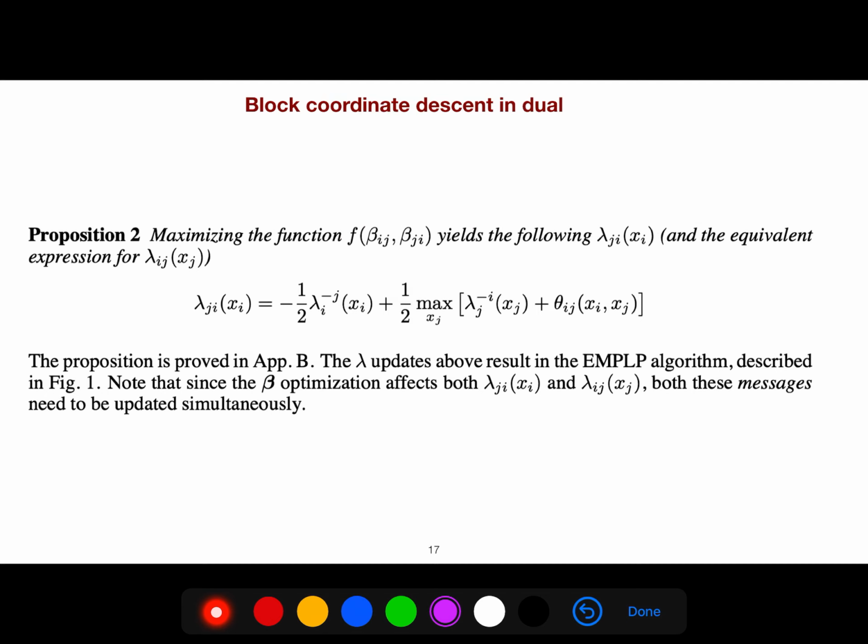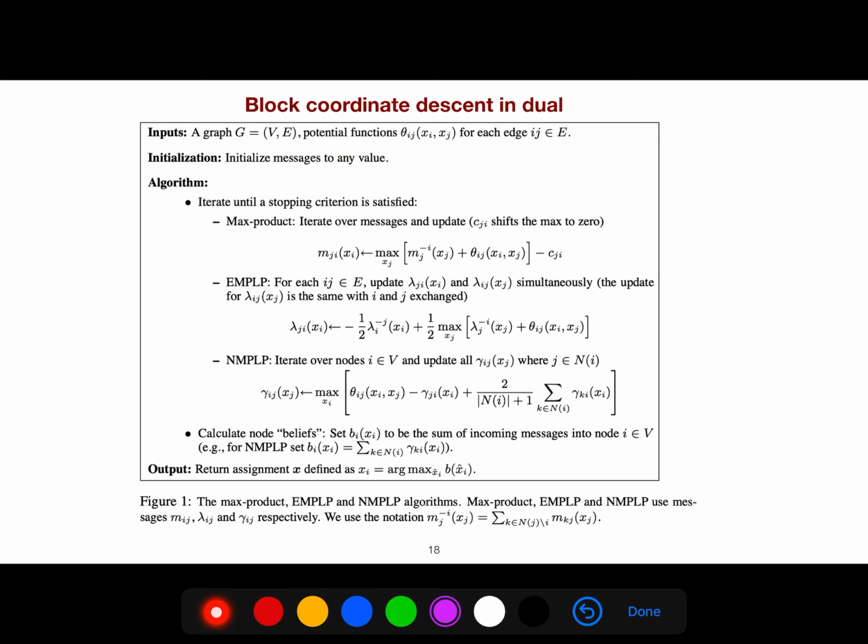And also this proposition is proved in appendix B. The lambda updates result in the MPLP algorithm, which is described here. You see, in max product, we iterate until a stopping criterion is satisfied. In max product, we iterate over messages and updates.